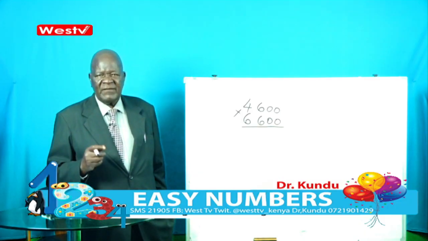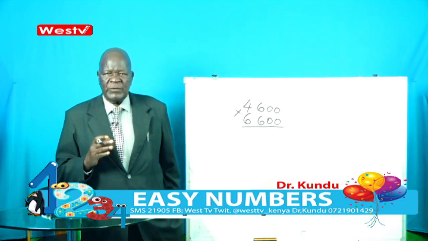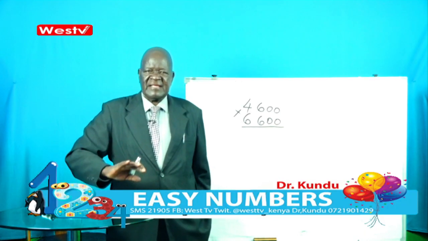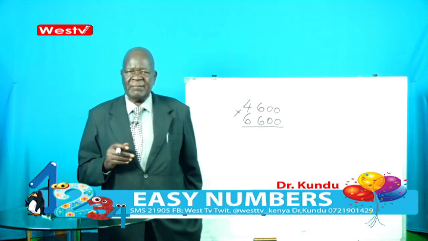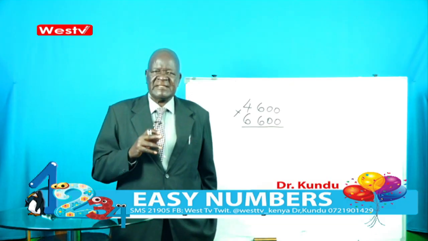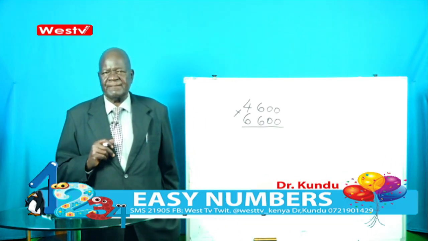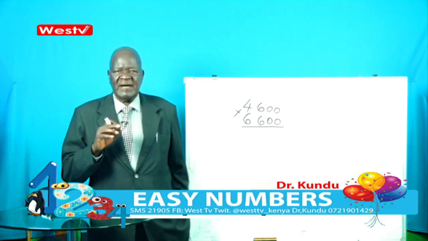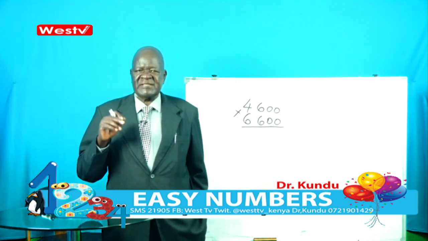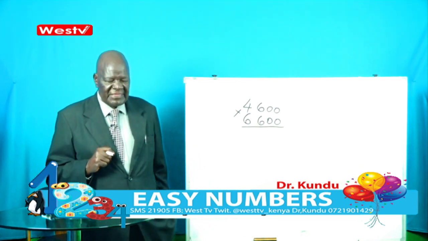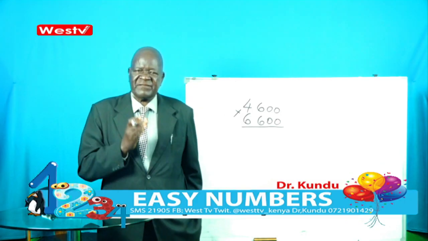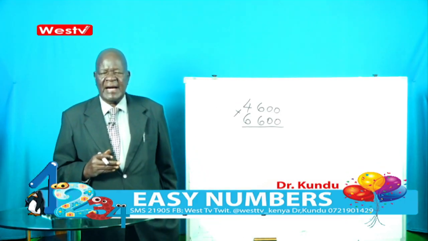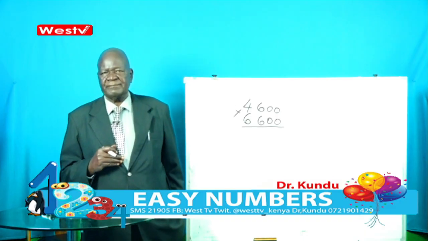So my advice is, always numbers ending in zeros, set aside the zeros and just remain with the plain number 46 times 66. And when you look at 46 times 66, you will then see that these are numbers whose left adds to 10 and the right is same.